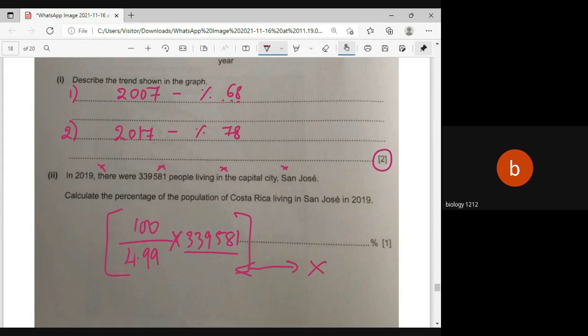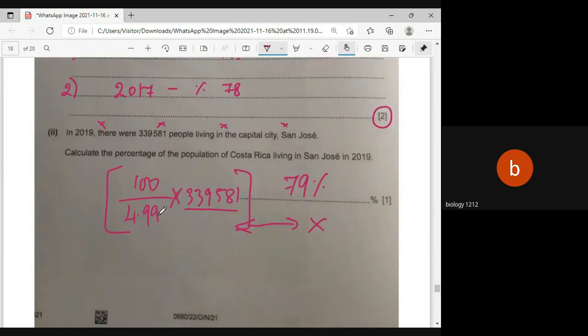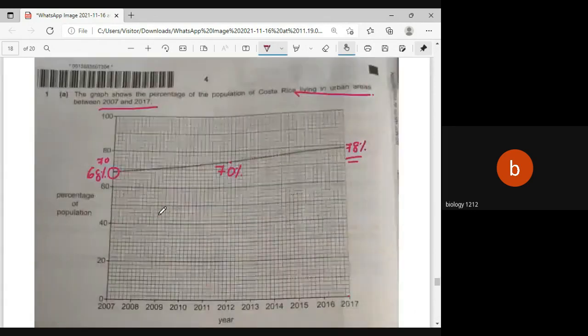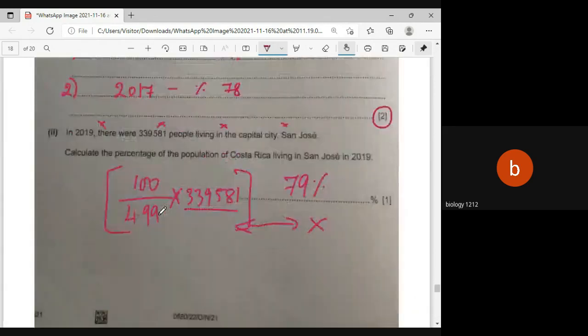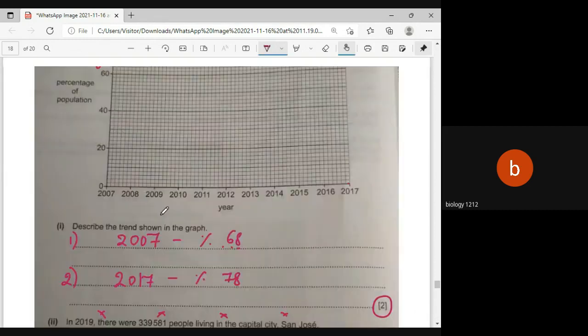Okay, so that's the percentage value that we get, around 79 percentage population will be there in 2019. That's the calculation here. Calculation carries only 1 mark, so that's 79 here.